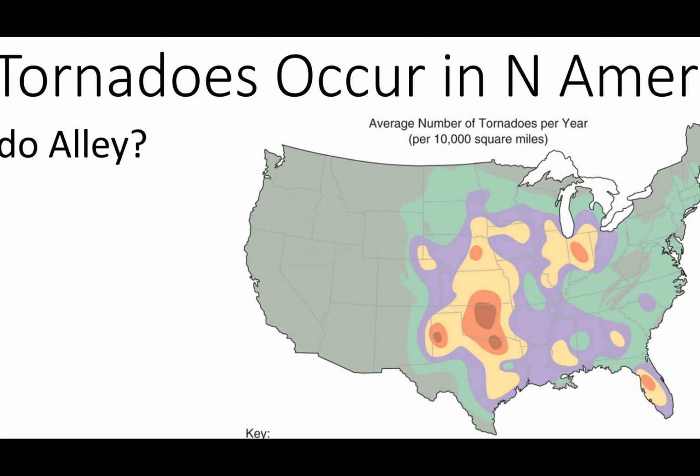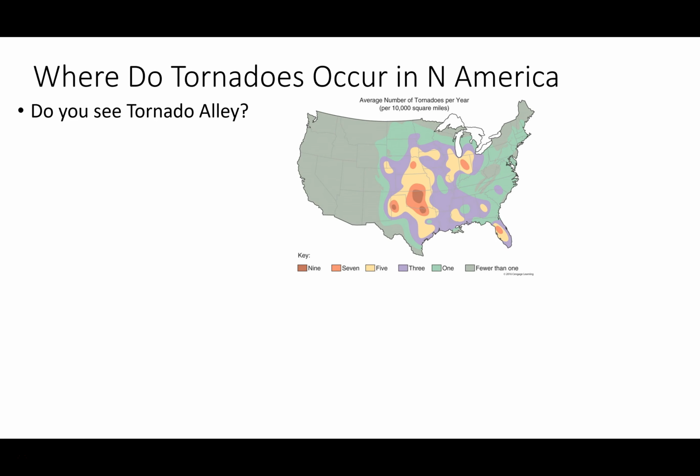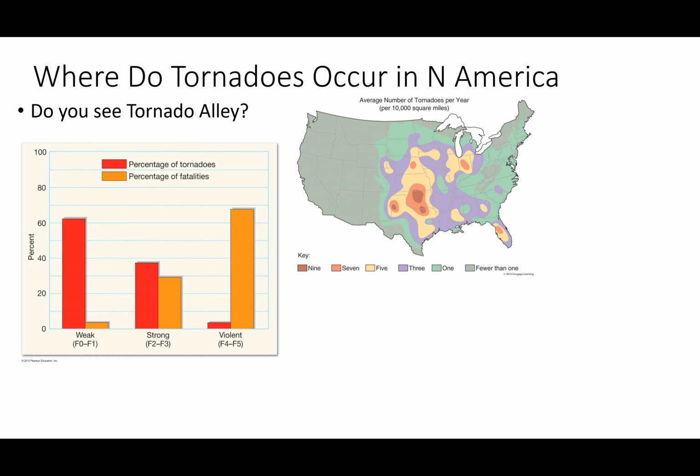The reason there are some hot spots has to do with the fact that some places have better ingredients for tornadoes. This is what I told you a minute ago about the weak, the moderate, and the very strong tornadoes. The first bar is how many there are, and the second bar is how many people die. Here we have a lot of them, and not many people die. Over here we don't have very many of them, and a lot of people die.